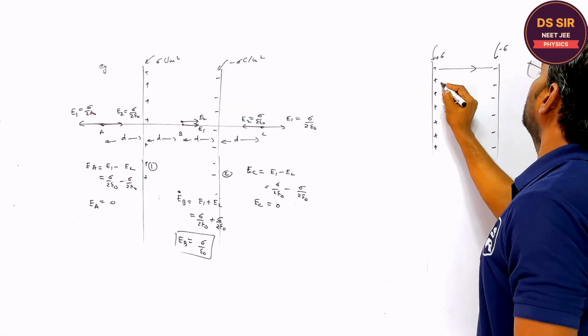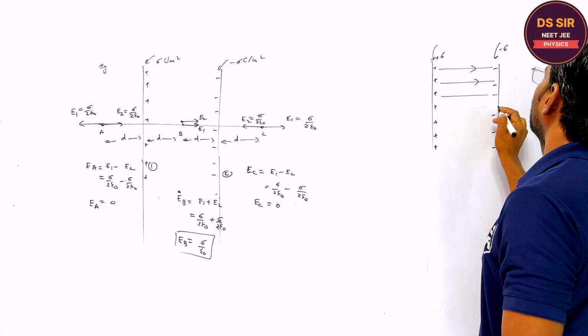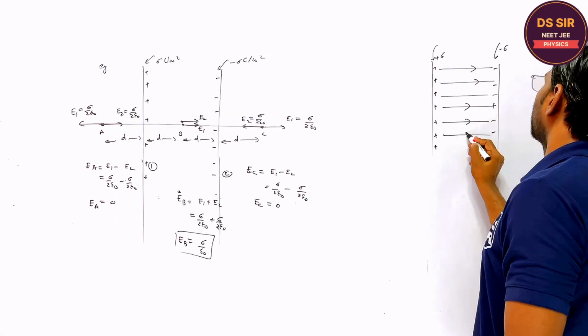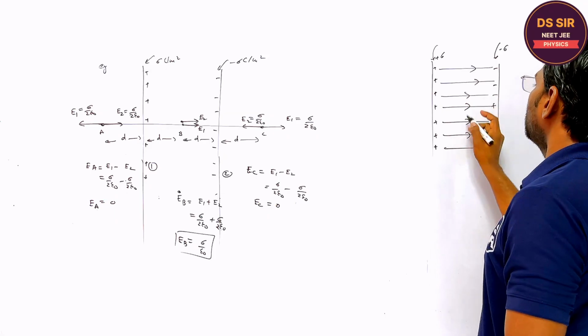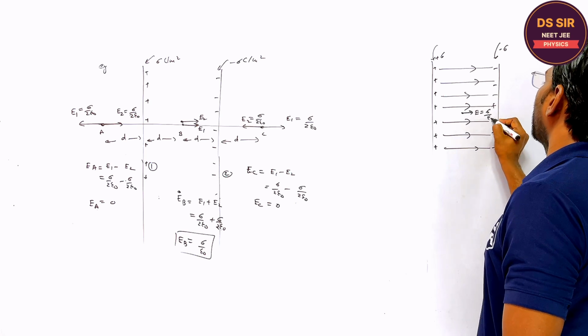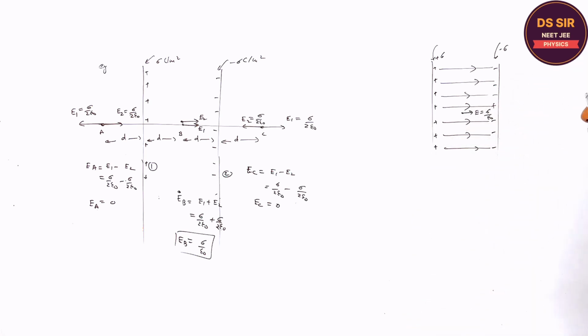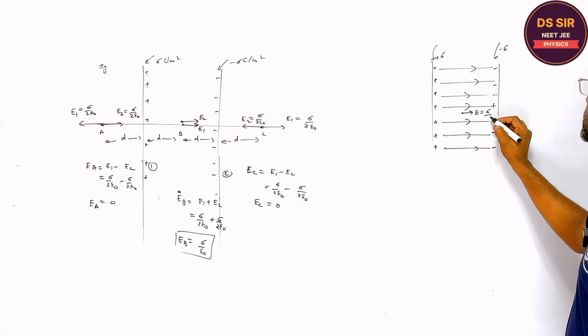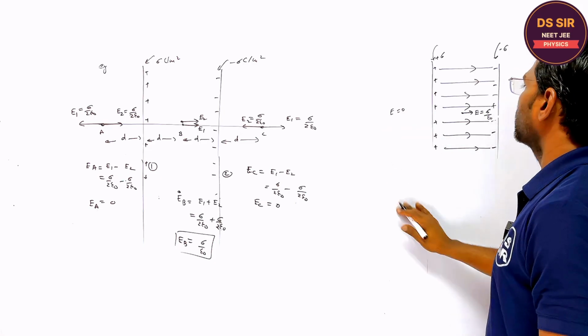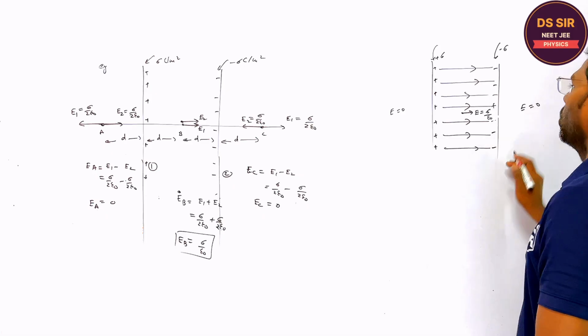So the electric field between the plates is like this. And what is the electric field between the plates? Sigma upon epsilon naught. You must understand, although we will repeat it in the capacitor chapter once again. And this side, there is no electric field, this side, no electric field.